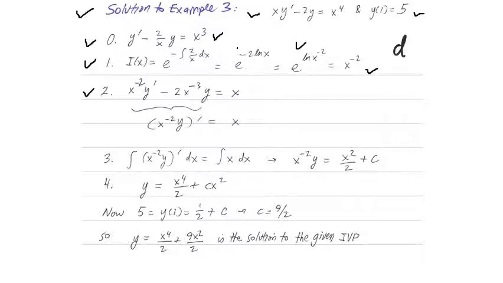If we did everything correctly, we should have the derivative of a product on the left-hand side. Make sure you always check that. Looks like we're okay here. And I hopefully multiplied x cubed by x to the minus 2 on the right-hand side to get x. So I think we're okay here. I haven't actually recently checked this problem in Mathematica, so hopefully I haven't made any huge mistakes so far. If you find any, let me know.